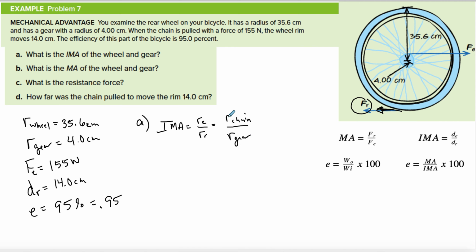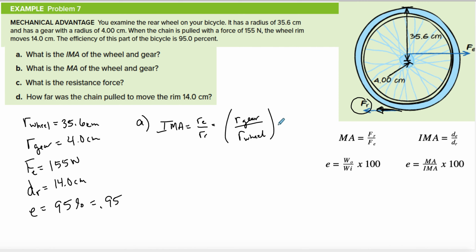Since that's connected to the wheel, that's our little axle, right? The radius of the gear is going to turn the wheel, so radius of the wheel. Since we're specifically looking at the wheel and gear, we aren't going to take into consideration that pull of the chain, so we don't need that part, and we can look at this portion here.